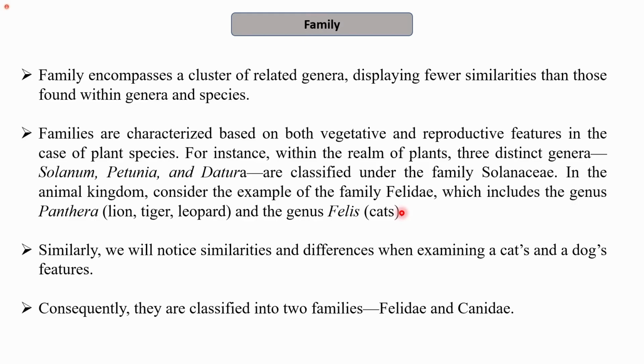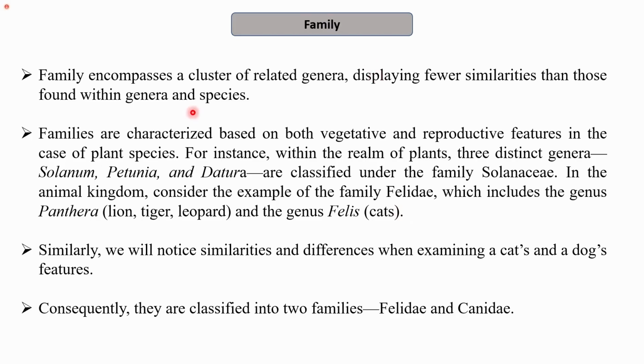Similarly, family encompasses a cluster of related genera displaying fewer similarities than those found within the genera and the species. So you might have noticed that as we are moving towards the higher taxonomic categories, or the higher rank, the similarities within the group are decreasing.